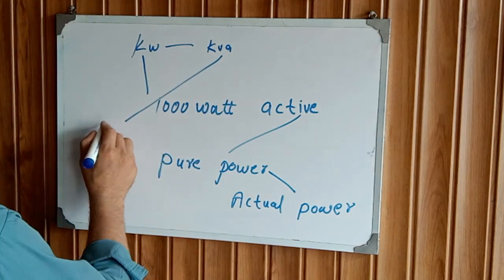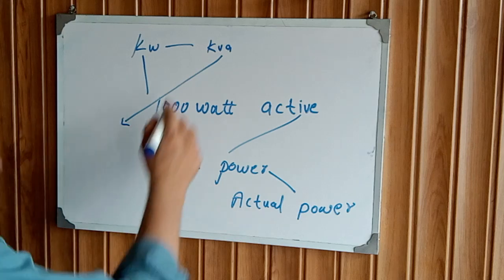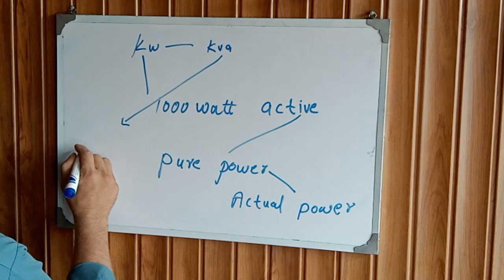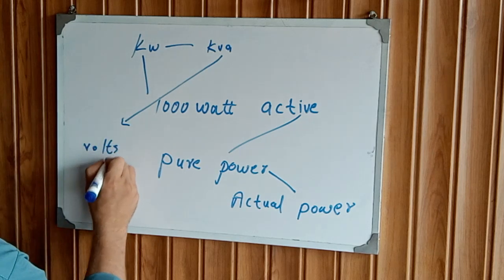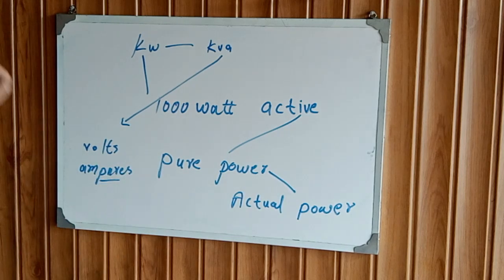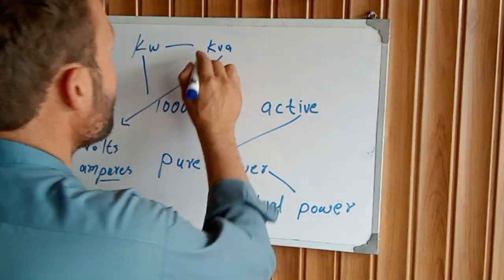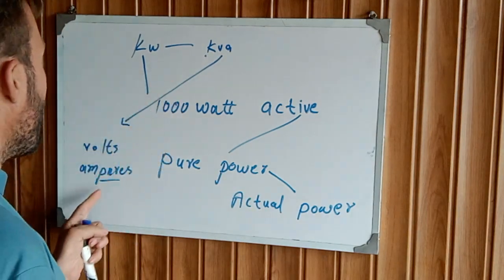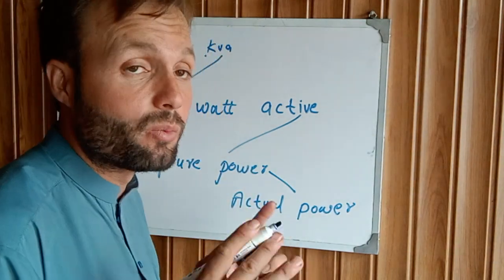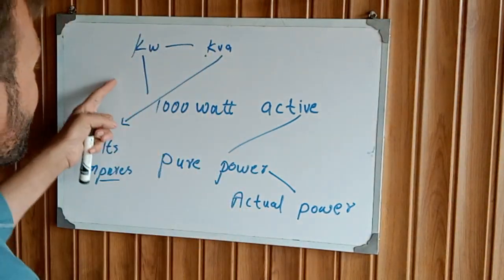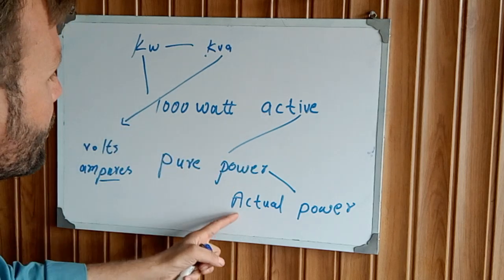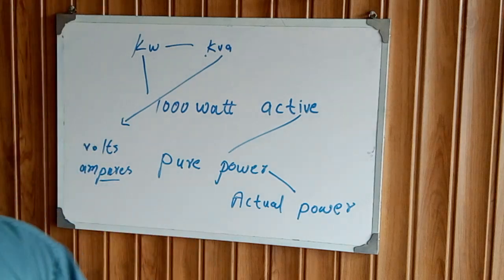And kVA means kilovolt amperes. What is the meaning of volt amperes? K means kilo and VA means volt ampere. Now you understand kilowatts: active power, actual power.